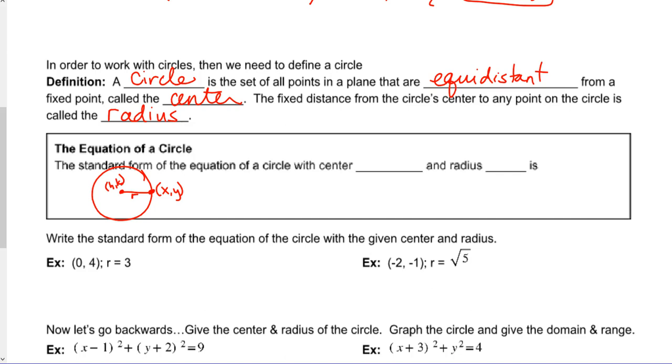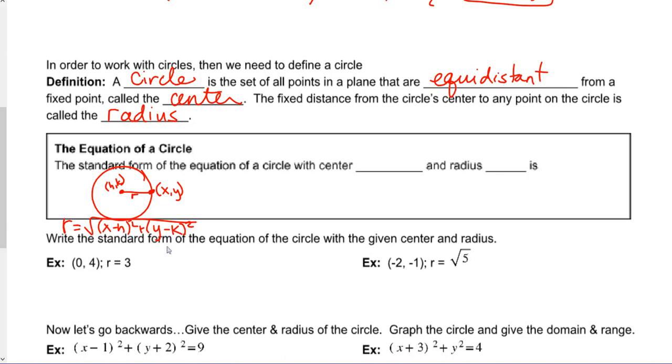Underneath that, the distance formula: r is equal to the square root of x minus h squared plus y minus k squared. So let me write that so you see it. If I don't want the square root in the general formula for a circle, we don't want that big long square root.